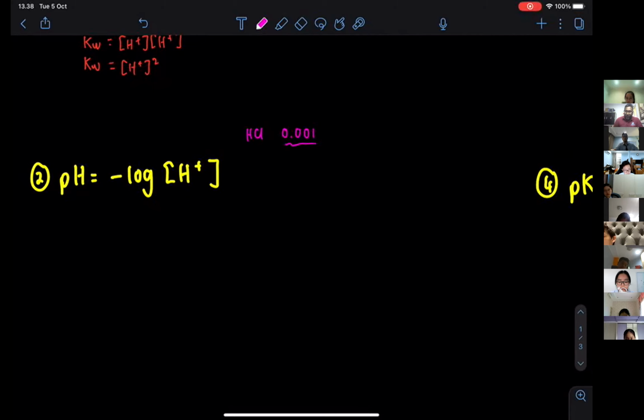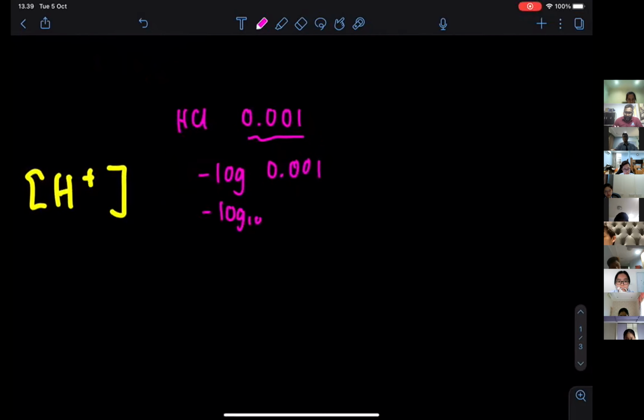You take this value, the concentration of HCl, and put negative log, negative log of H plus, which is 0.001. What will we get? Negative log is normally log 10, so this is going to be 1 times 10 negative 3.